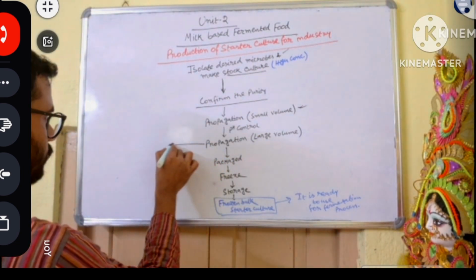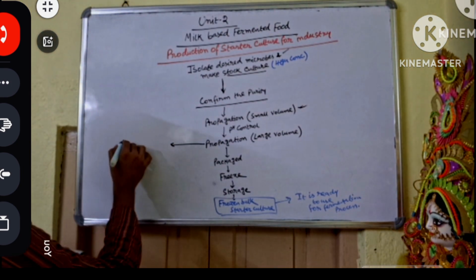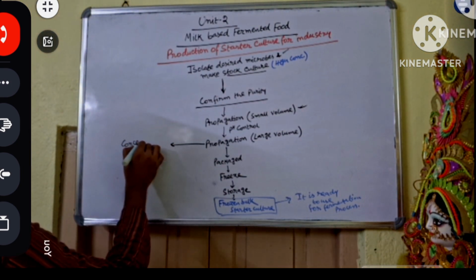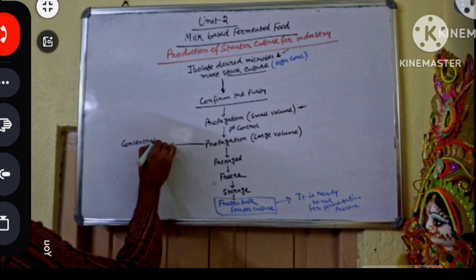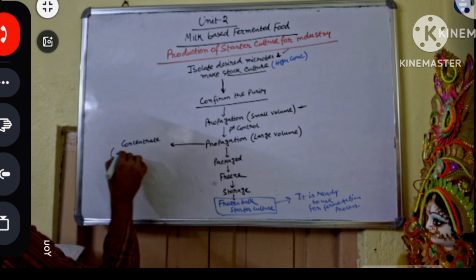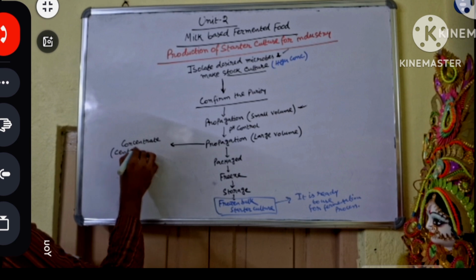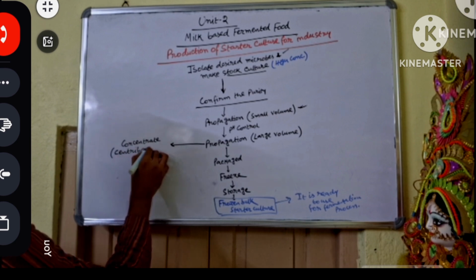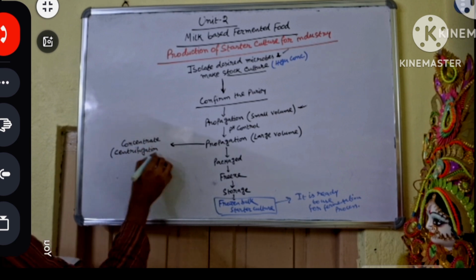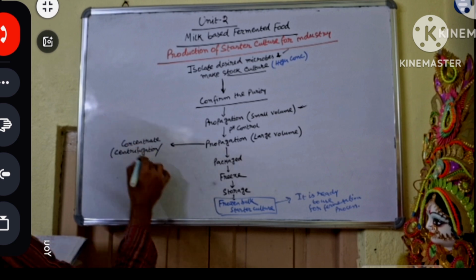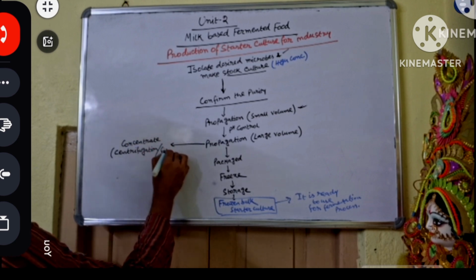After propagation in the large volume, we concentrate the bacterial cells. Concentration is done by two processes, either centrifugation, which is a gravity-based, rotational process, or filtration.